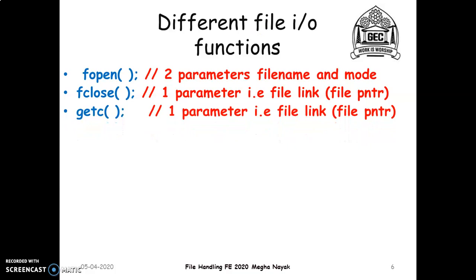Next is getc. Getc is a function which reads a character from a file. It takes only one parameter, that is the file link or the file pointer. For example, say that I have a file called fe.txt. I refer to this fe.txt with a file link called fe.